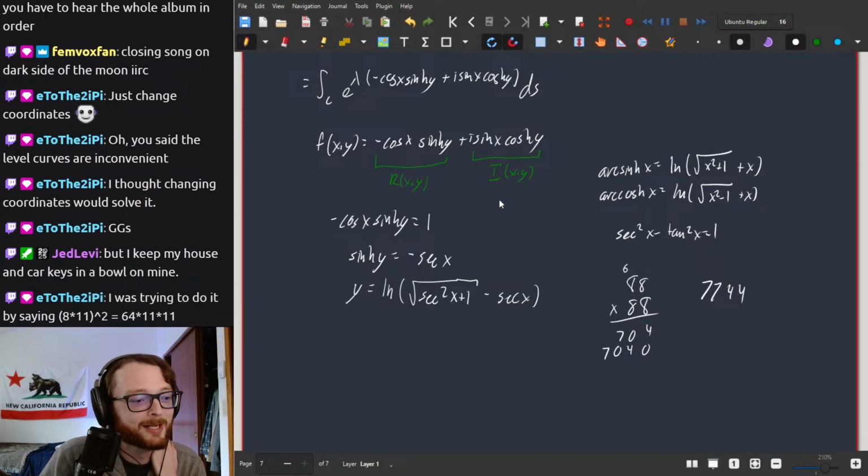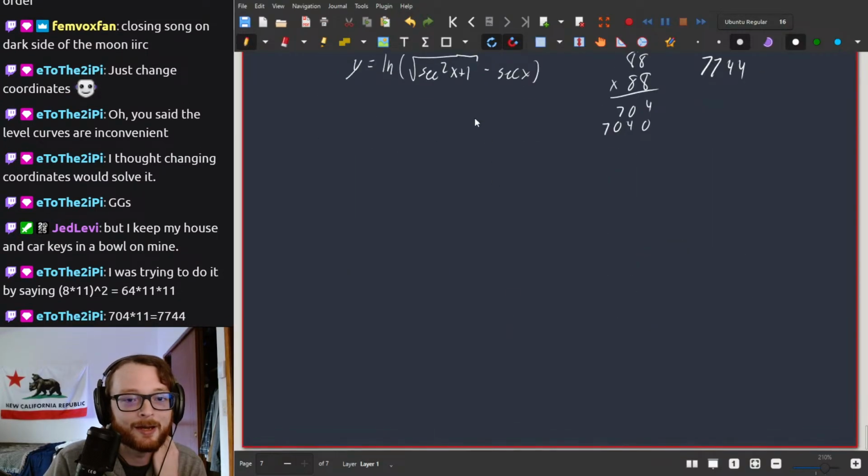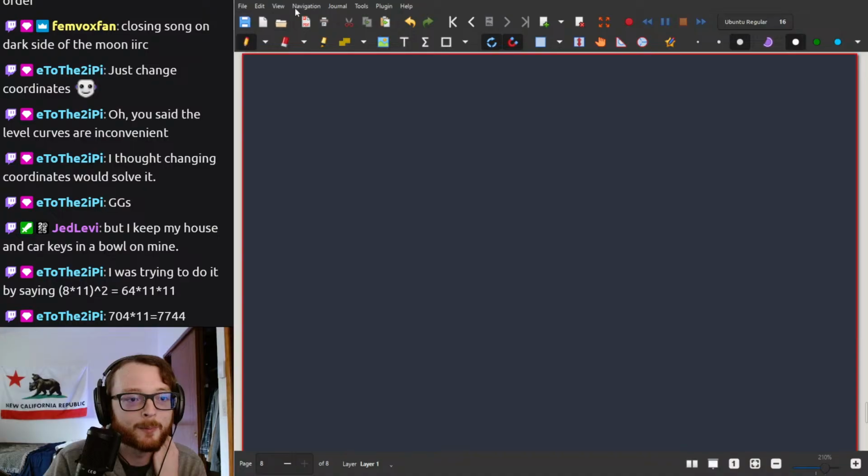On your piano? Zach teaching? Okay, we can draw that. I was trying to do it by saying 88 times 11 squared is 64 times 11 times 11. Oh, yeah, that's a good way if you know the tricks with 11. I can never remember them.